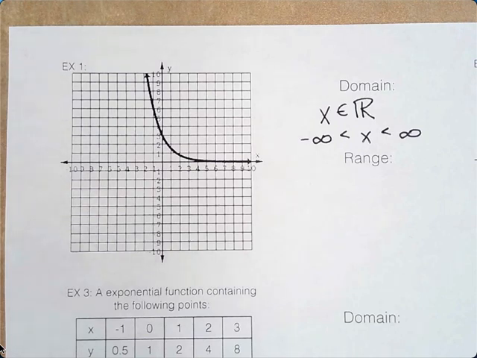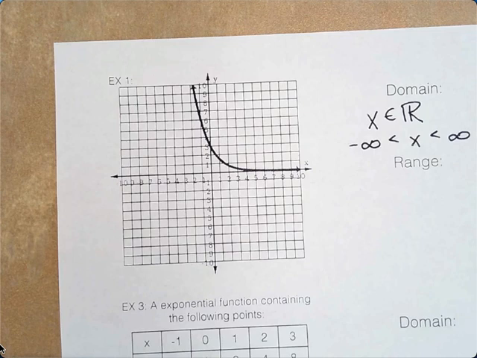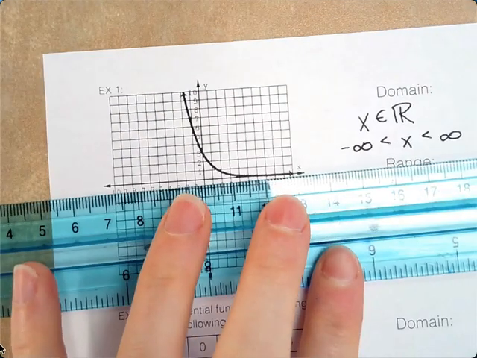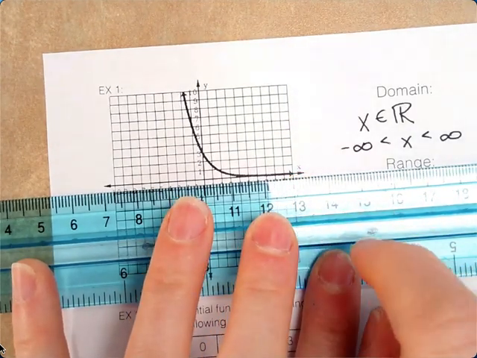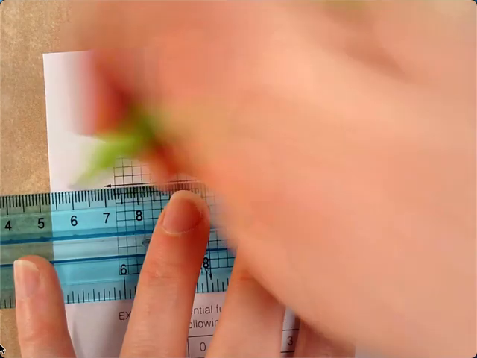So range is the y. Y'all remember we talked about asymptotes? It's a horizontal line, or it could be a vertical line, that makes it where the function doesn't cross that line. So in this one, it's going to continue as you get closer and closer to 0, but never actually touch.